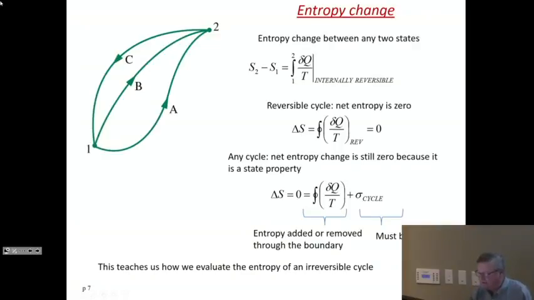So if it is irreversible, we have this extra entropy due to the irreversibilities, and this part of it is only defined in the ideal reversible cycle that undergoes the same amount of heat and work exchange. So this would be the entropy added or removed through the boundary, where this is the part that reflects the irreversibilities and therefore must be positive, because that has to be zero and that has to be negative.